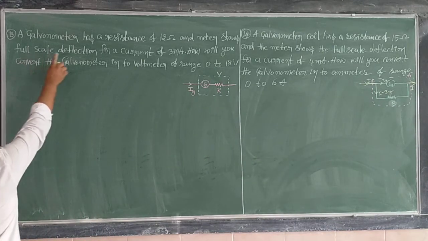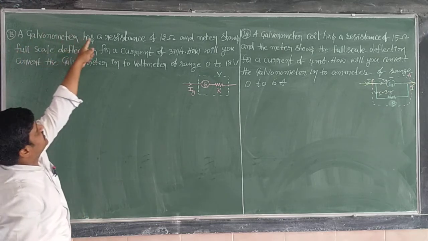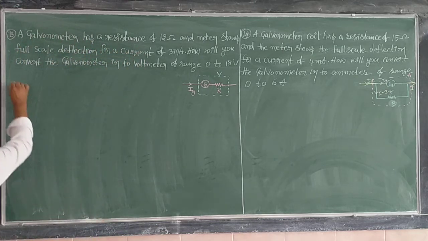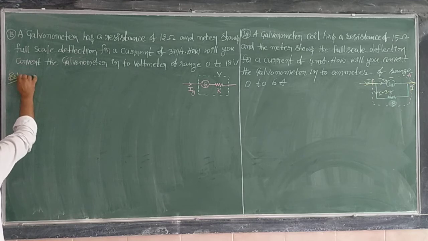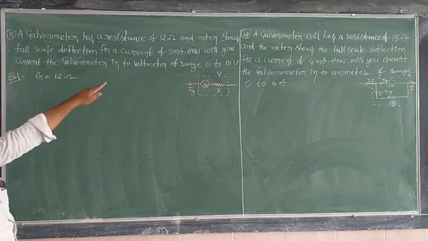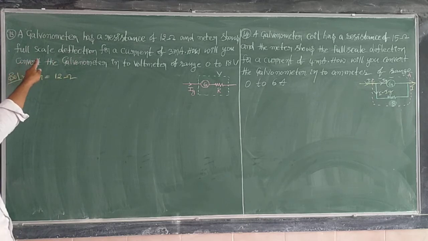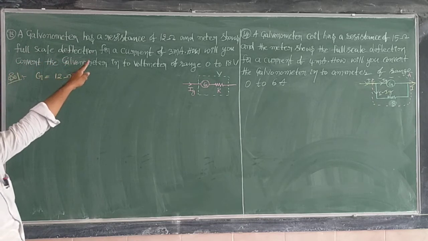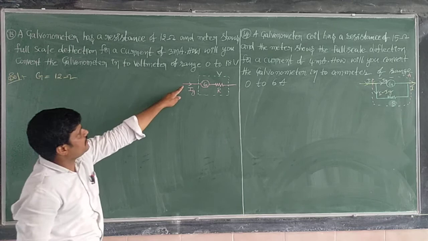First one, a galvanometer has a coil resistance. Galvanometer resistance G is equal to 12 ohms, and the meter shows full scale deflection for a current of 3 milliamps.